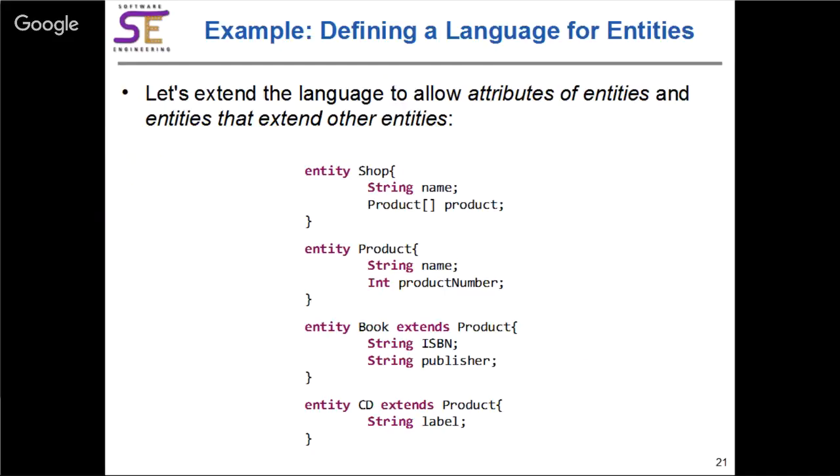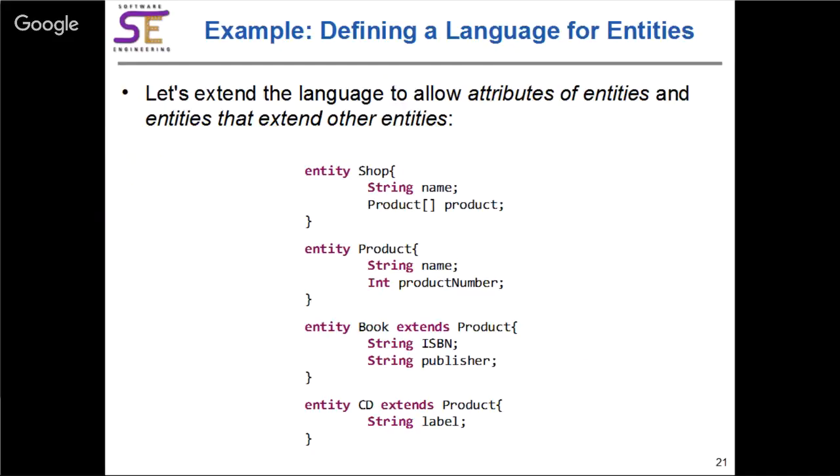Here, the shop, for example, has a string name and a product in angle brackets. So intuitively, we want the shop to contain a collection of products. Here we have an integer product number. And what else do we see? We say that entity book extends product. So we have this inheritance extension feature.